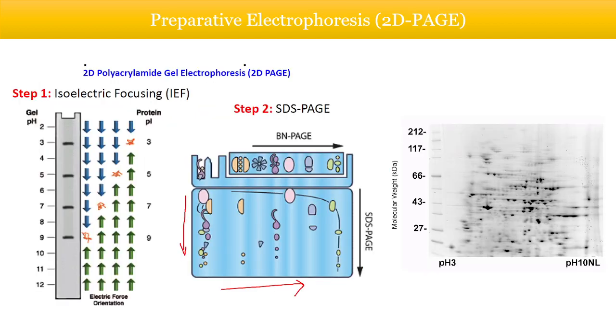The other one is the preparative electrophoresis or the 2D electrophoresis. This is the combination of your isoelectric focusing and the SDS-PAGE. Firstly, you separate out the proteins based on their pH.